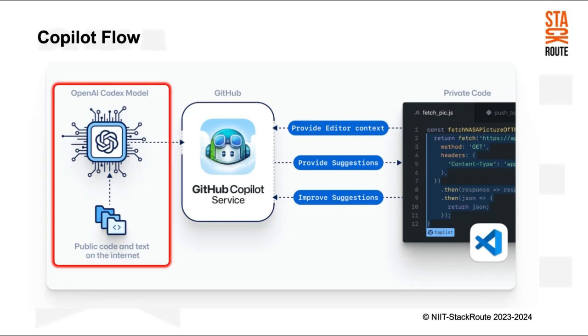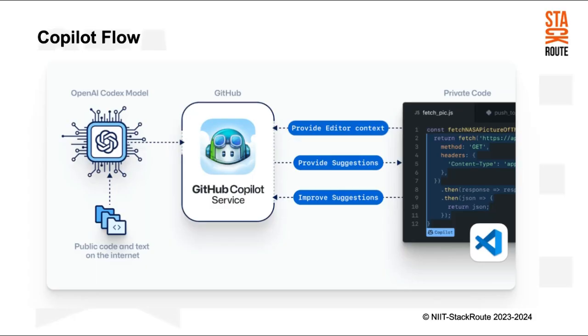On the left hand side, you can see OpenAI. The model refers to the public code and text that is present on the internet, so crawling through the internet, all the lines of code are presented. This OpenAI Codex model has been trained, and based on it, it will provide you suggestions as and when you keep writing the code. Copilot will keep improving your suggestions.